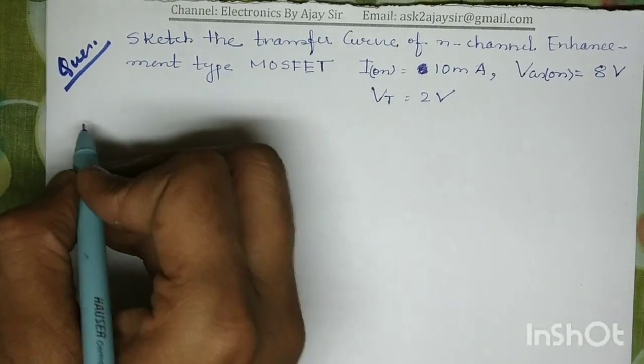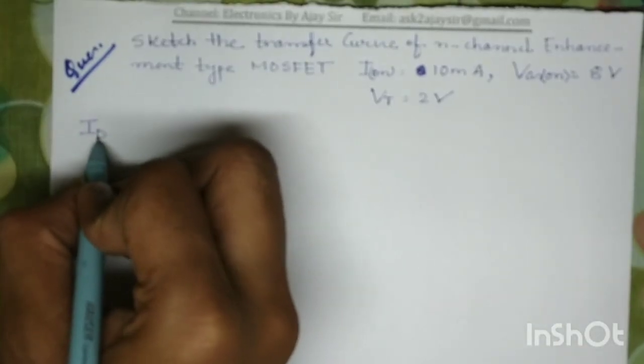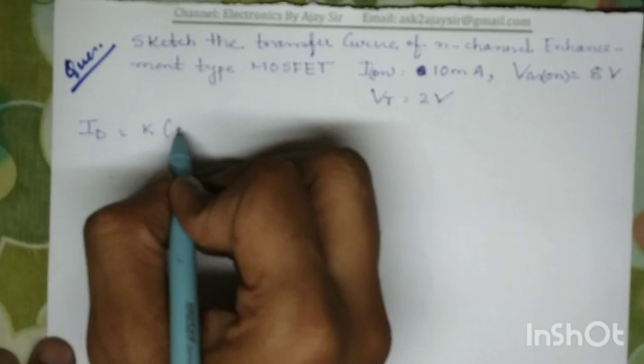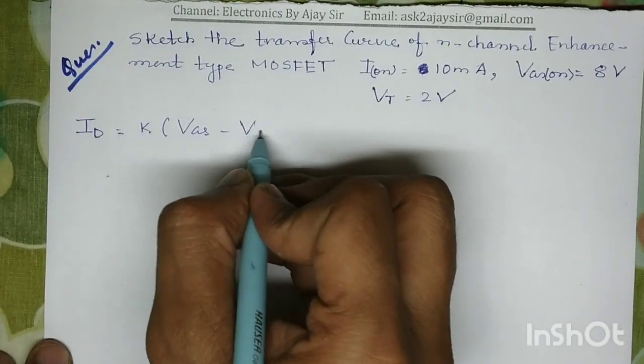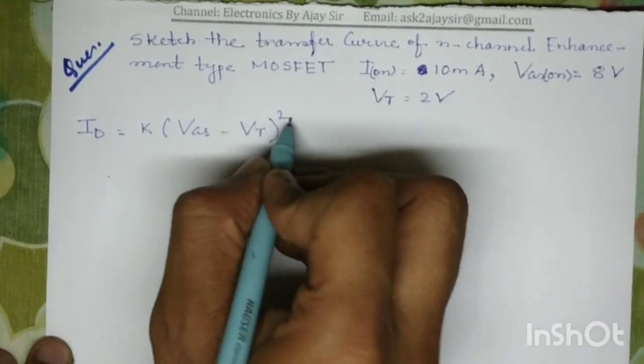So first we will write the equation, the drain current equation. ID is equal to K times (VGS minus VT) whole square.